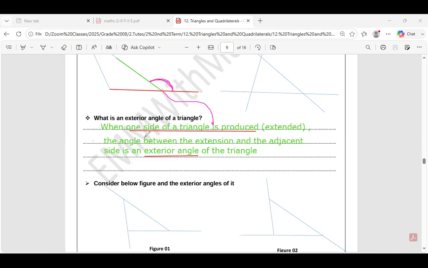Between the extended side and the adjacent side, green one is the adjacent side, extended side is the red one. So between that you have an angle. That angle is called the exterior angle of a triangle. This is the very basic thing you need to understand.